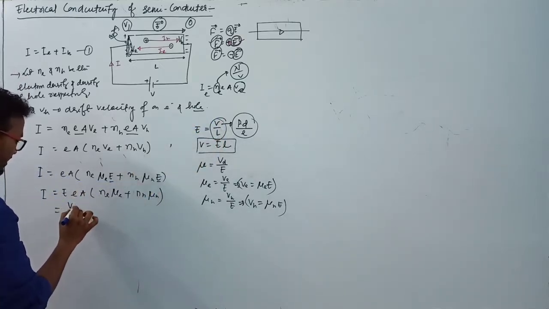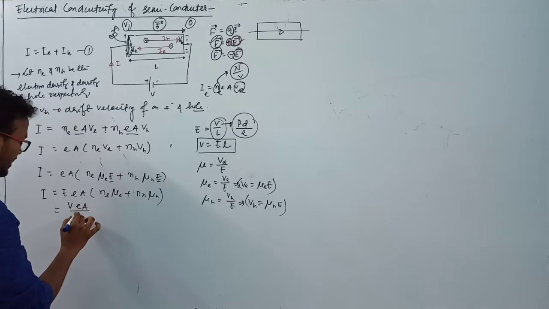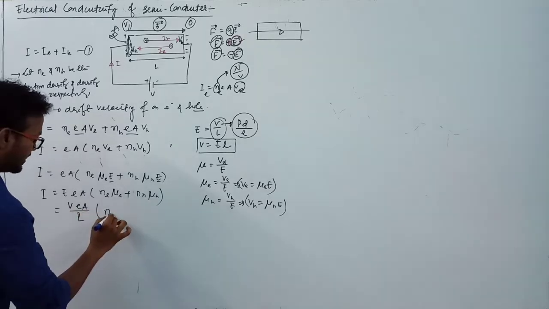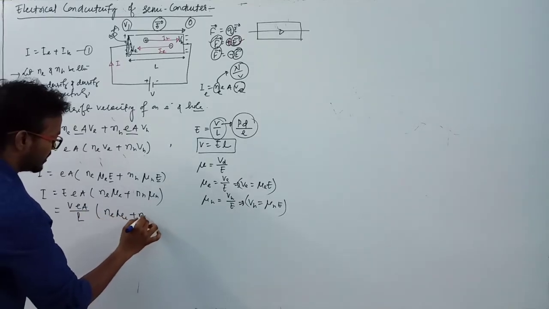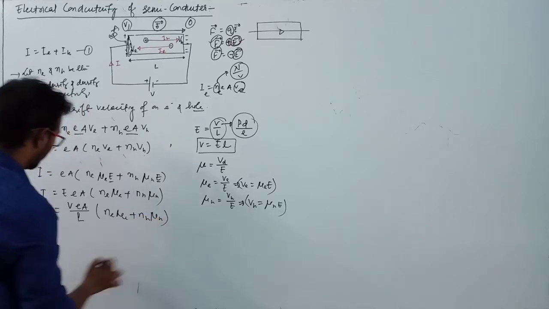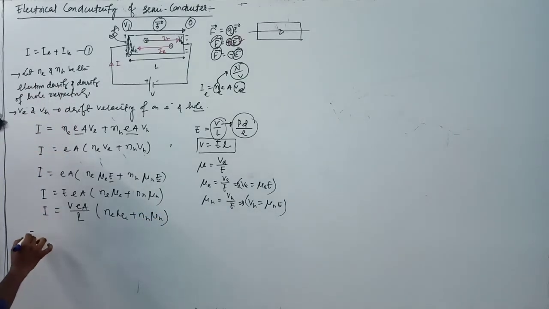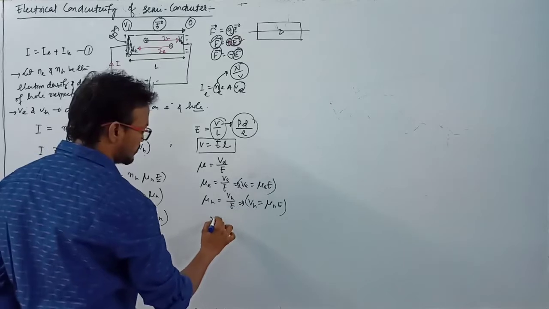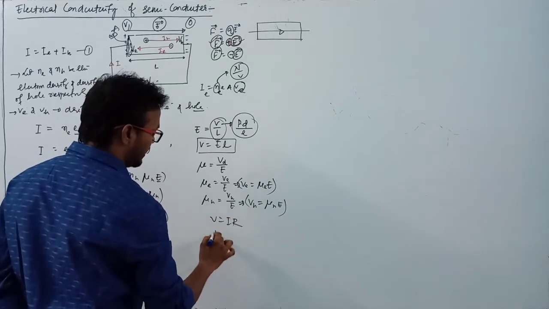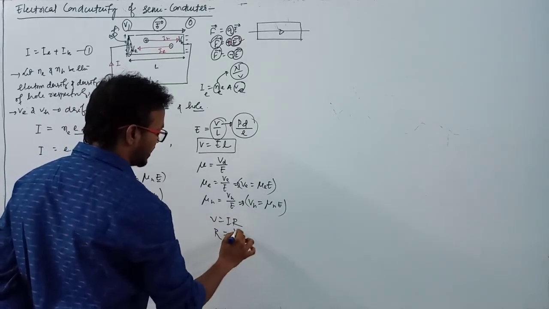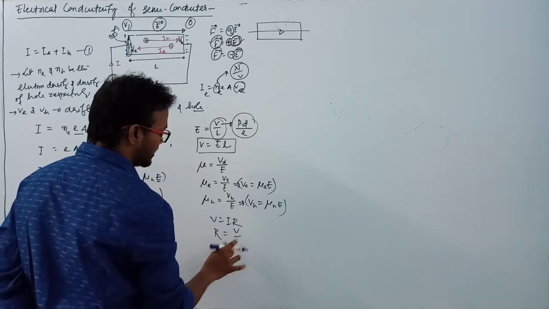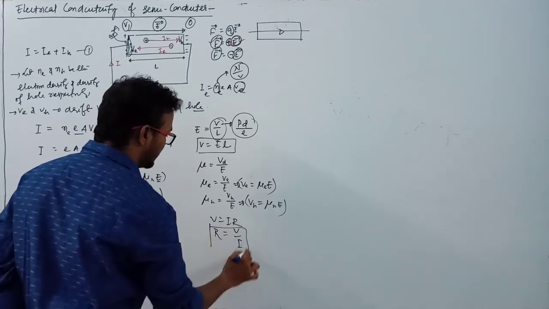So we get I equals VEA by L times NE mu E plus NH mu H. We already know, according to Ohm's law, V equals IR, and the resistance of the conductor is the potential difference divided by current. This is the general relation.